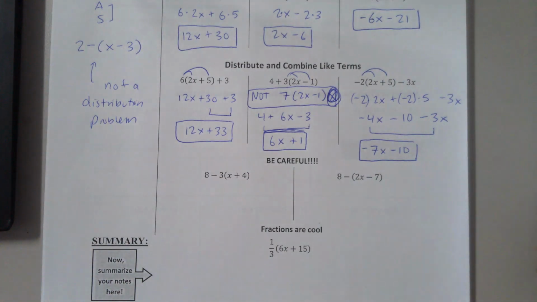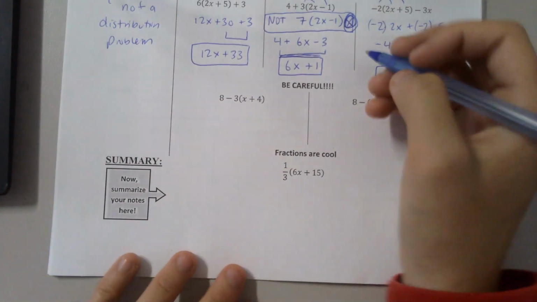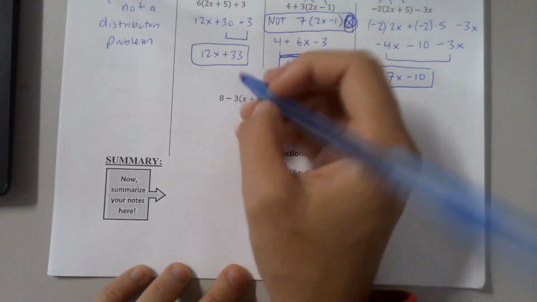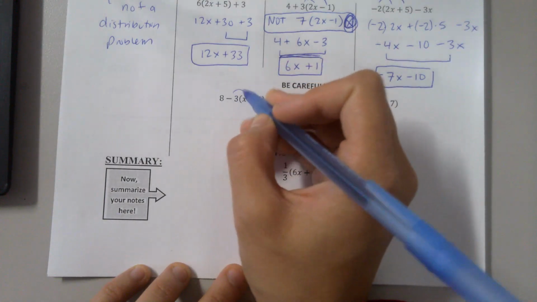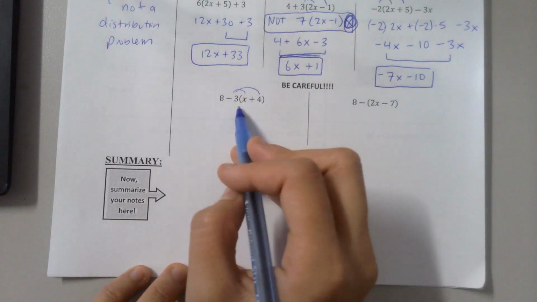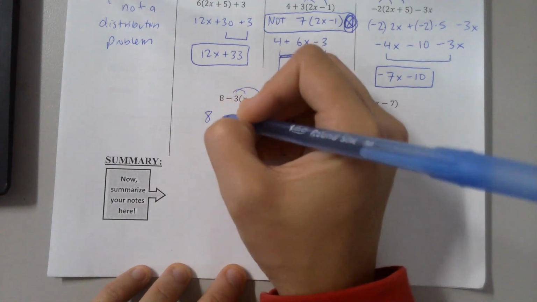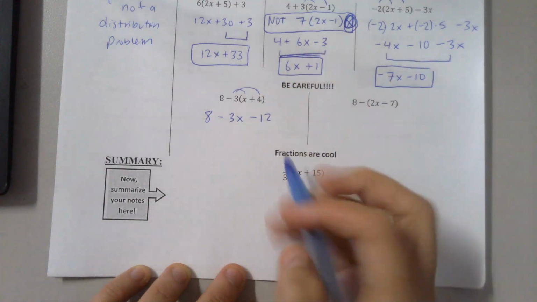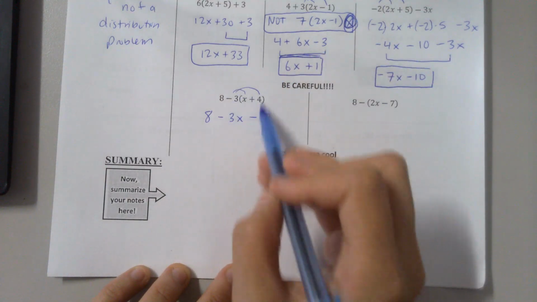Alright, here's some tricky ones with the negatives. Okay, so we have this negative and it's getting distributed across both. Remember, this isn't 5. We have to do the distribution first. So we have 8 minus 3x minus 12. Alright, so we have the negative 3 and it went to both of them.